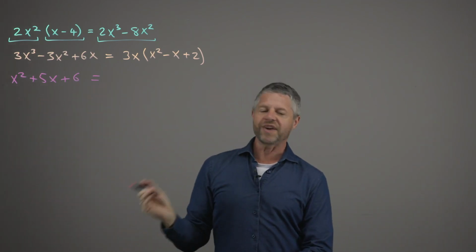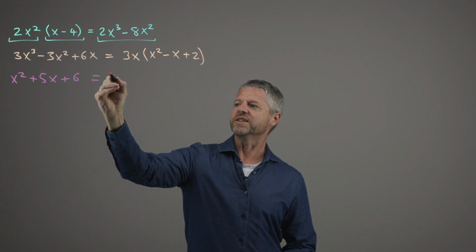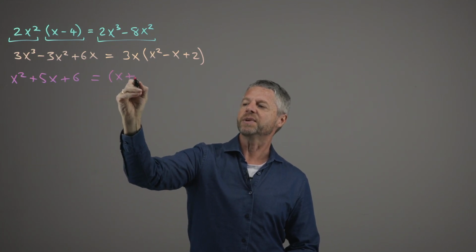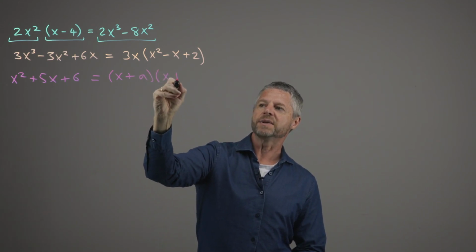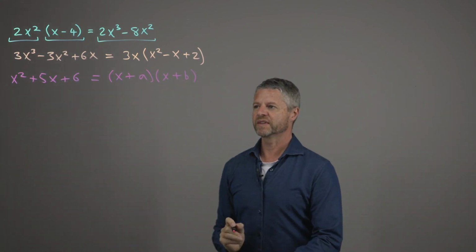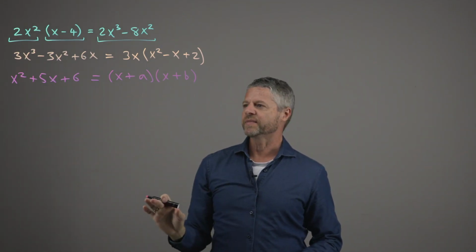And I want to factor that. The form of the two factors is going to be x plus some number, a, and then x plus some other number, b. And I just need to figure out what a and b are.